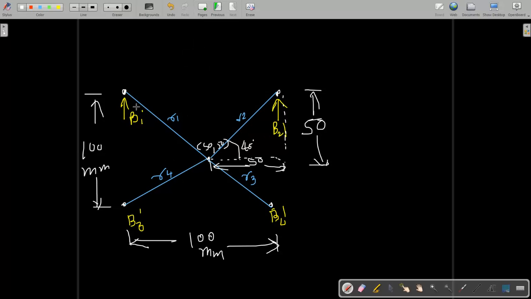And all are at the same level. So here you can write R1 is equal to R2 is equal to R3 is equal to R4. Just use Pythagoras theorem, so you will get root 2 times 50, root 2 into 50 mm.